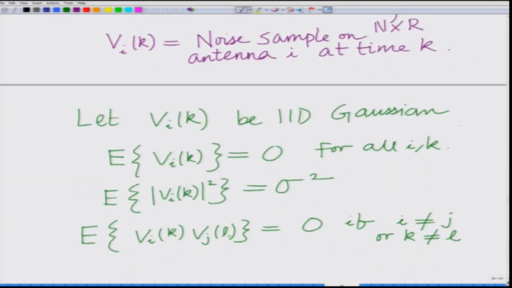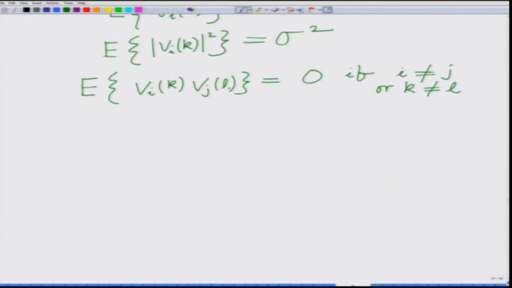So, I can write V, the noise matrix, as a collection of n row vectors, naturally it is an n cross R matrix.